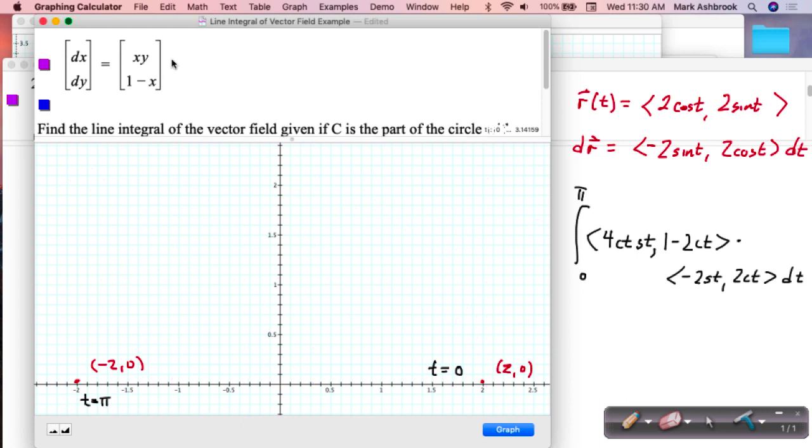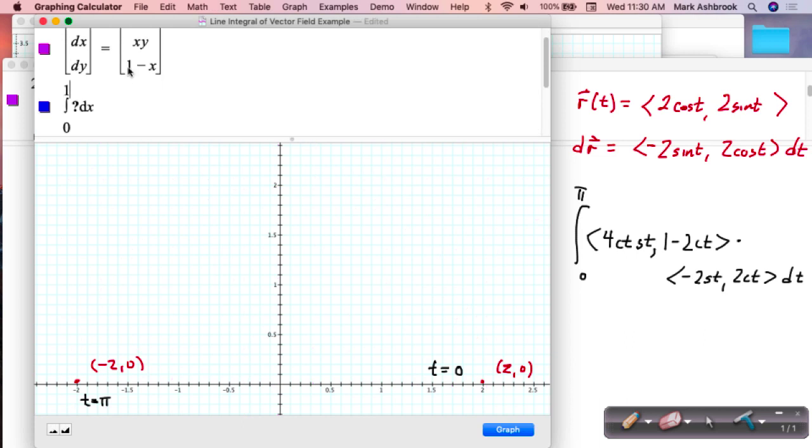But for time's sake, we'll just put it in here. So what do I have? Negative 8 cosine sine squared, right? Check my math.